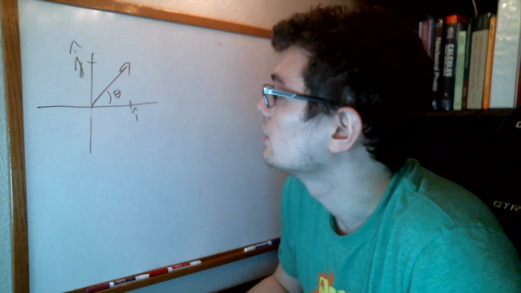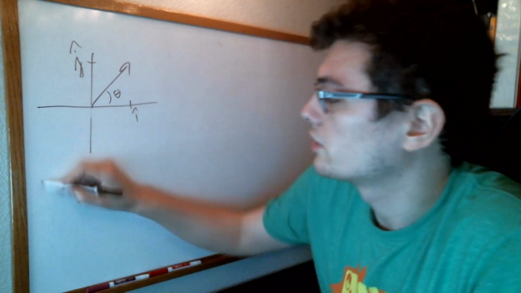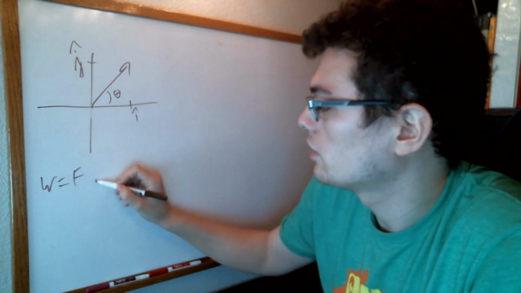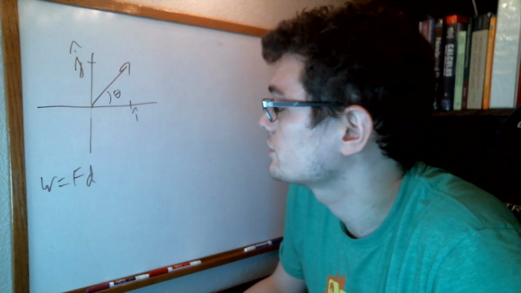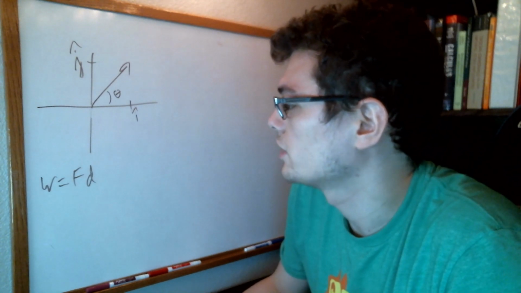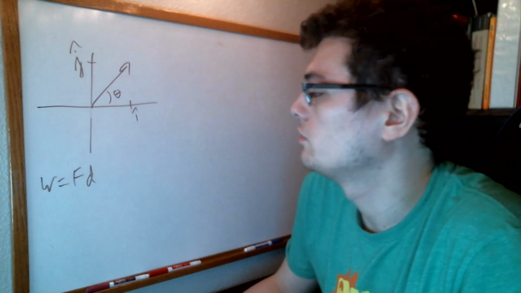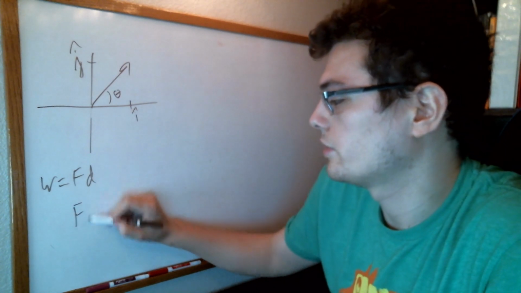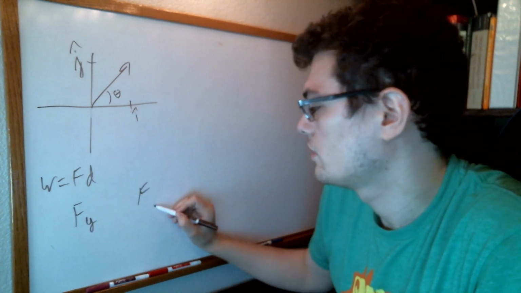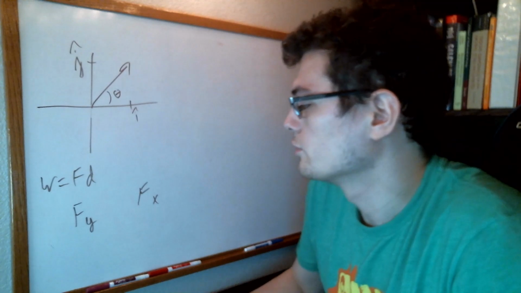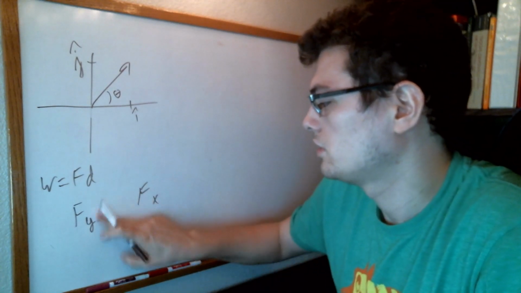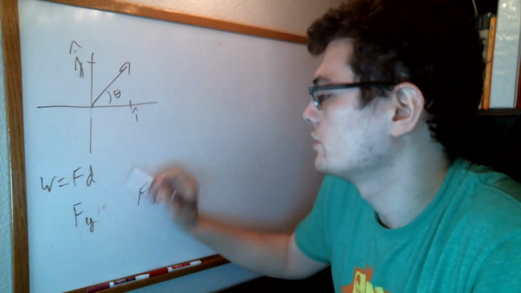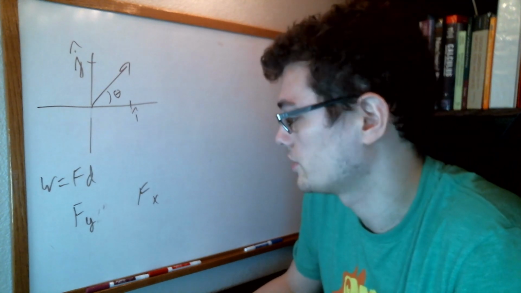And so then remember that work is equal to our force times our distance. If you're breaking this down into components and you have Fy and Fx, you're going to have some distance d, but you'll have to split d into its components as well.